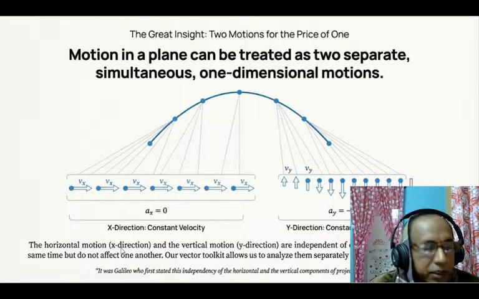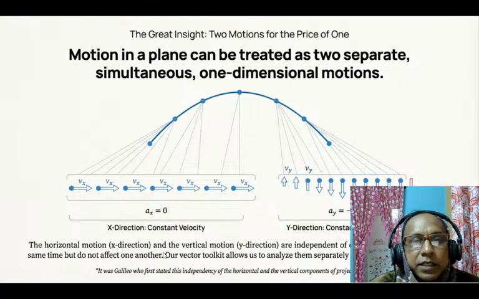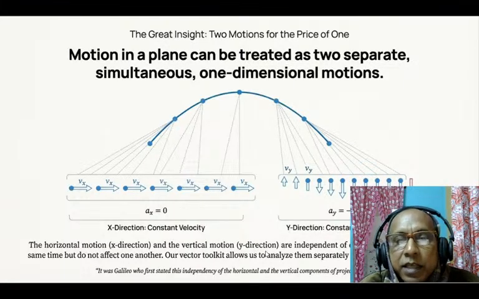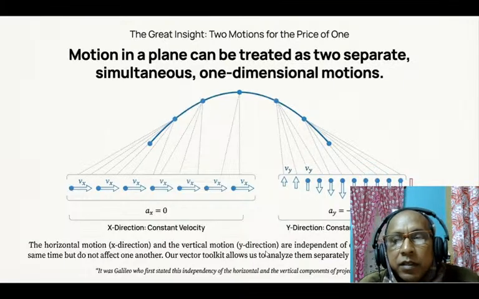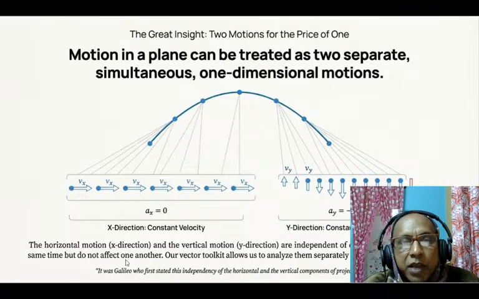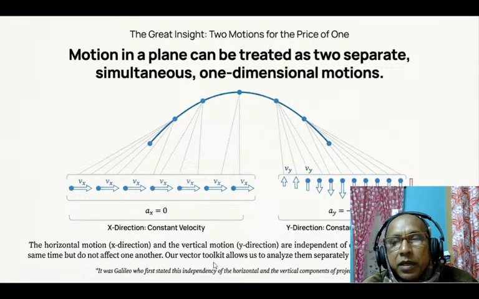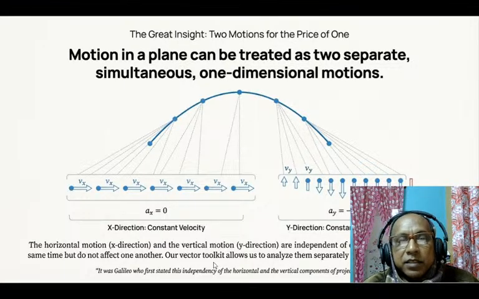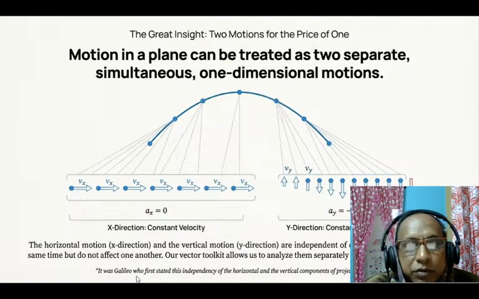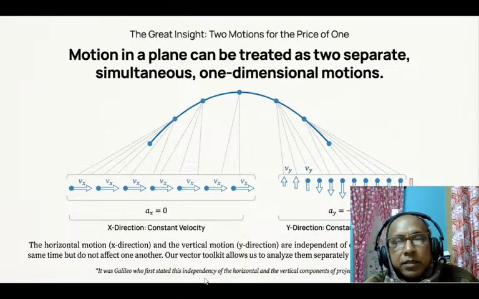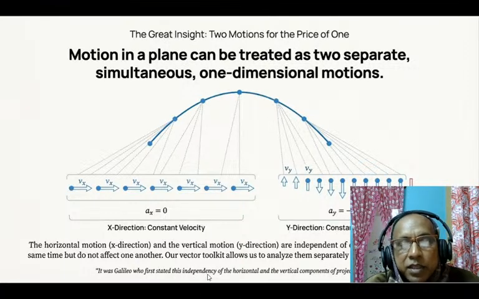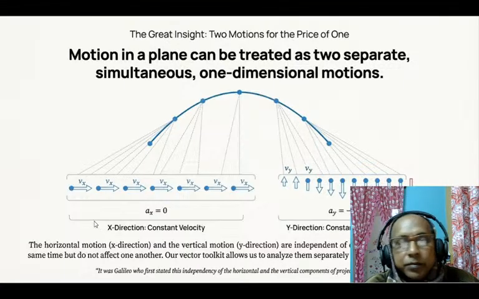The horizontal motion, x direction, and the vertical motion, y direction, are independent of each other. They occur at the same time but do not affect one another. Our vector toolkit allows us to analyze them separately and then combine the results. It was Galileo who first stated this independence of the horizontal and vertical components of projectile motion.